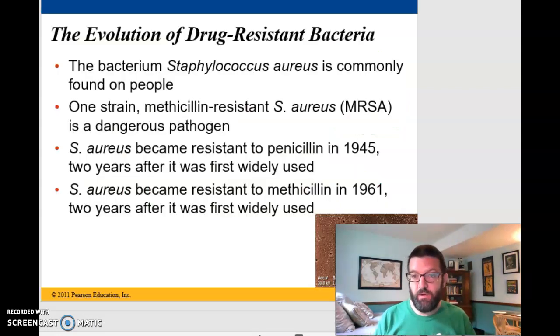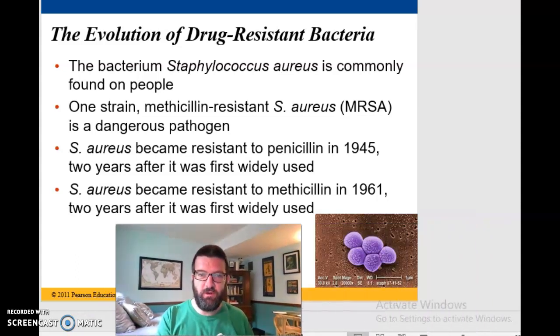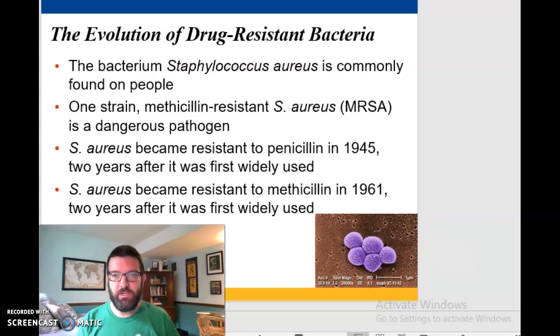Another example of evolution that we witness ourselves these days is, and I will scooch over here so you can see our Staphylococcus, the evolution of drug-resistant bacteria. Staphylococcus aureus is found on people all the time, and usually it's fine, but occasionally due to immune systems or some abrasion on your skin, you can get a Staphylococcus infection.